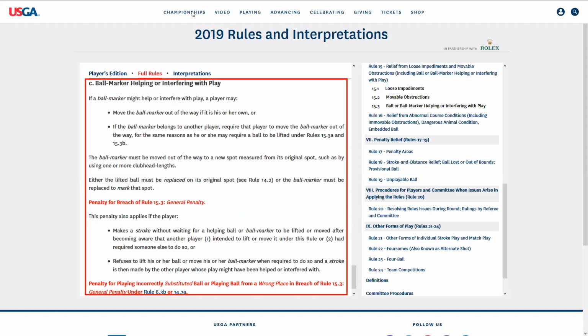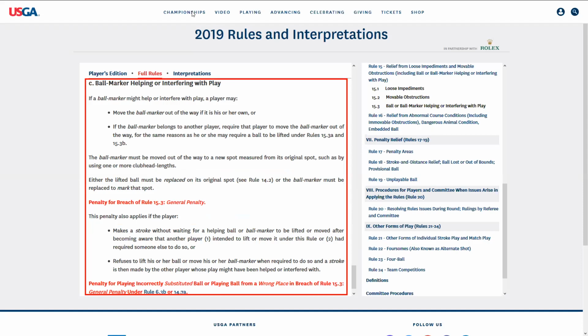The ball marker must be moved out of the way to its new spot, measured from its original spot, such as by using one or more club head lengths. Either the lifted ball must be replaced on its original spot, or the ball marker must be replaced.